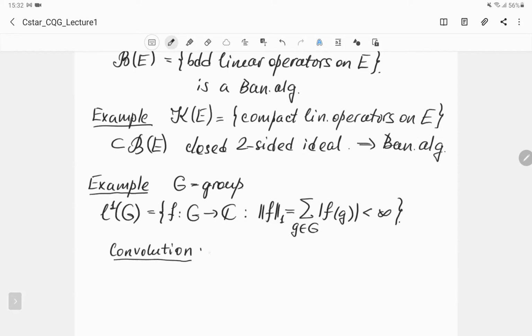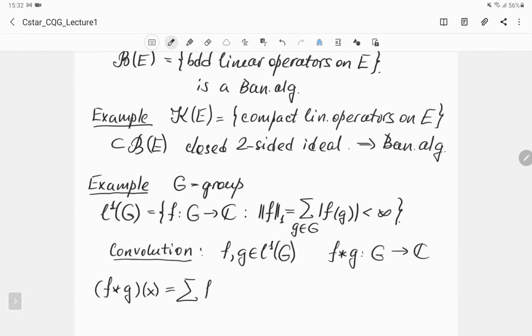If we have two l1 functions, f and g, then their convolution, f star g, is also a function on G, given by the following formula. Sum over all elements y in the group.